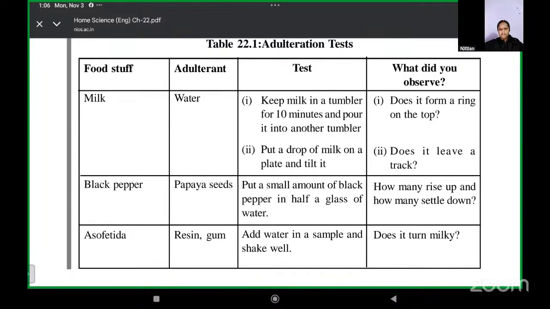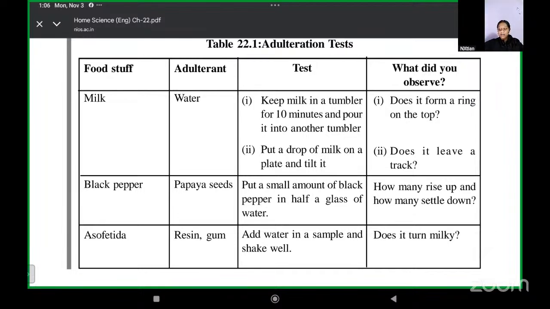Keep milk in a tumbler for 10 minutes and pour it into another tumbler. Put a drop of milk on a plate and tilt it. So this is the test if you want to check whether your milk is adulterated or not. A tumbler is a container where you put it for 10 minutes and pour it into another container. Then you put a drop of the milk and tilt it.